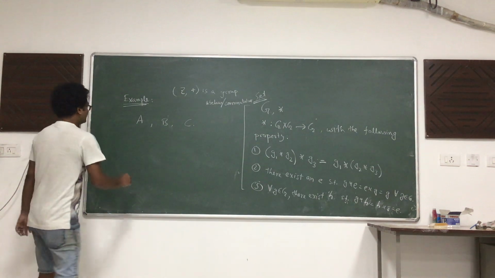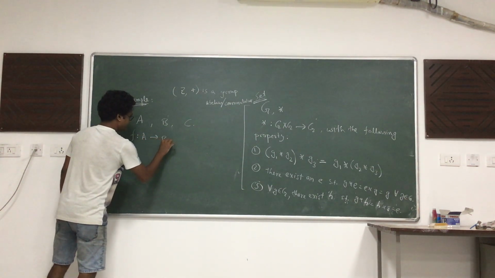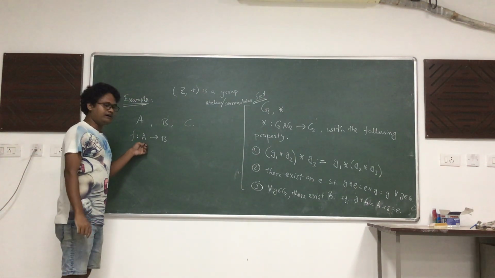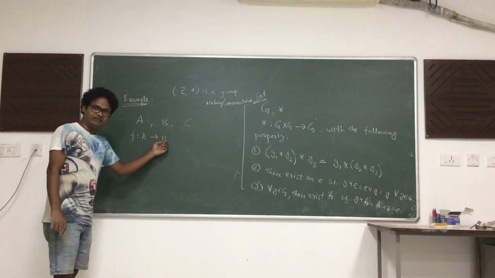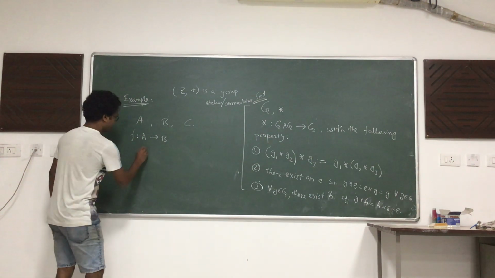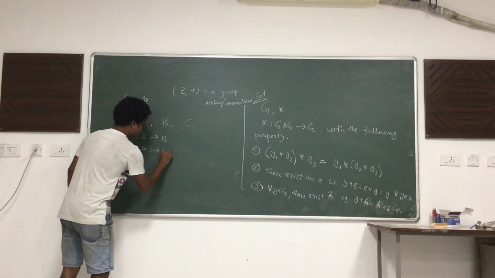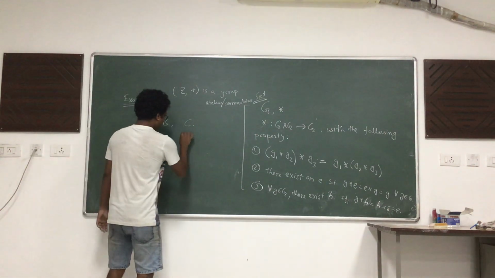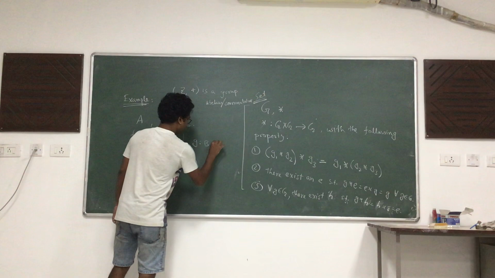We define one function f from A to B. That means you give me an element from A, and I will say where it goes to in B. That rule I have already specified. Let's say we have another function g from B to C.